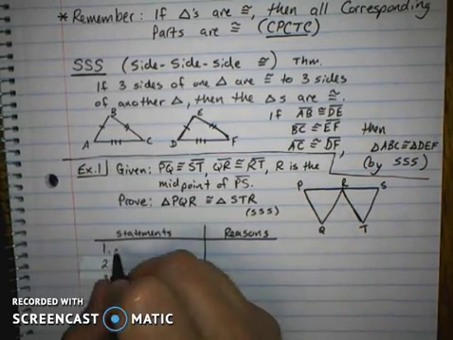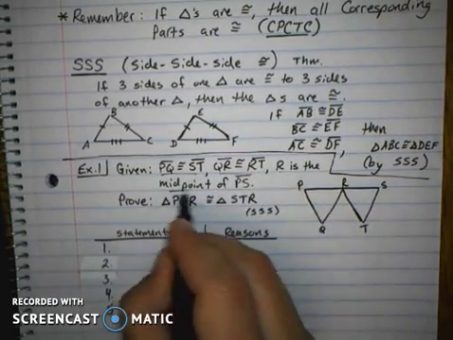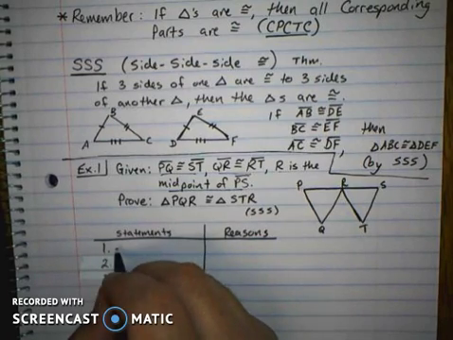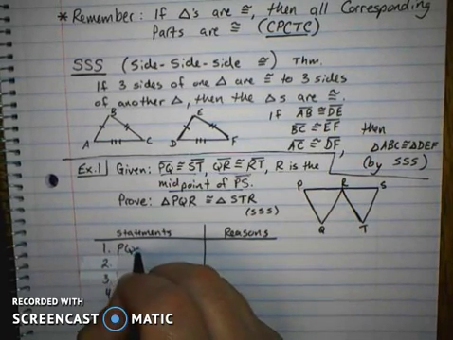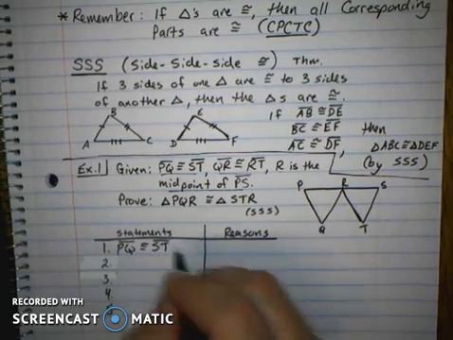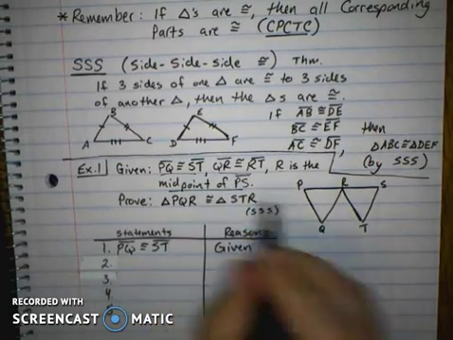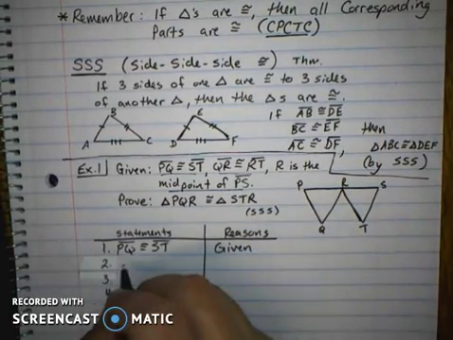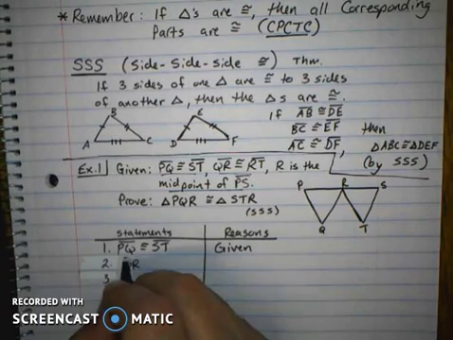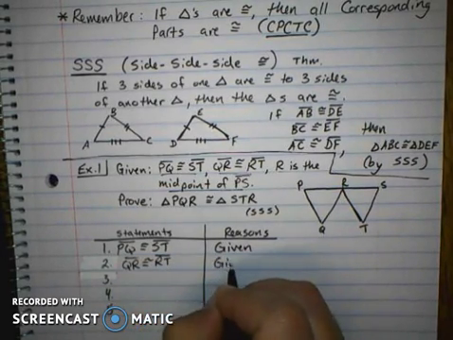Okay, so the first thing we want to do is we're going to list out each of these statements separately for the given. Now I'll explain why after we get done. So we're going to first state that PQ is congruent to ST, because it's given. And we can state that QR is congruent to RT, because it's given.